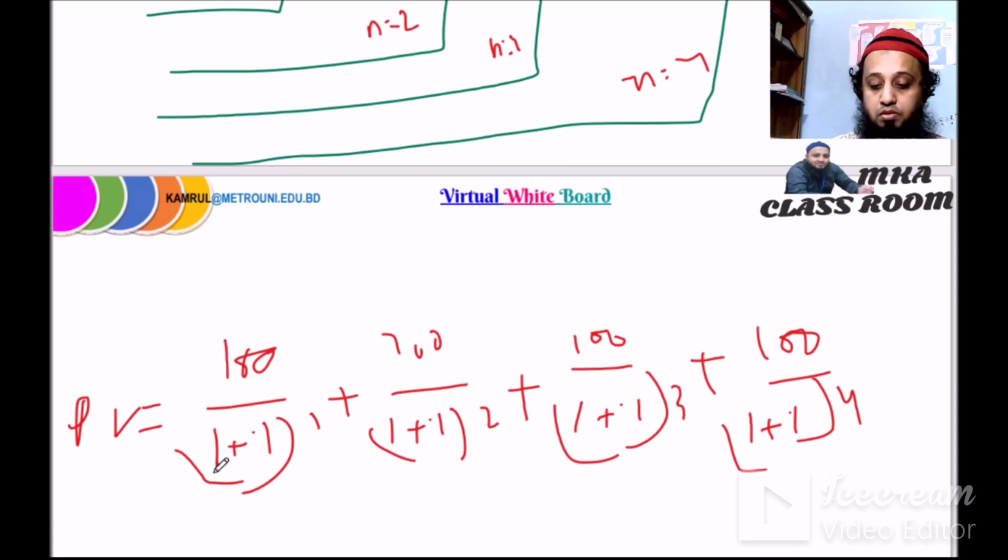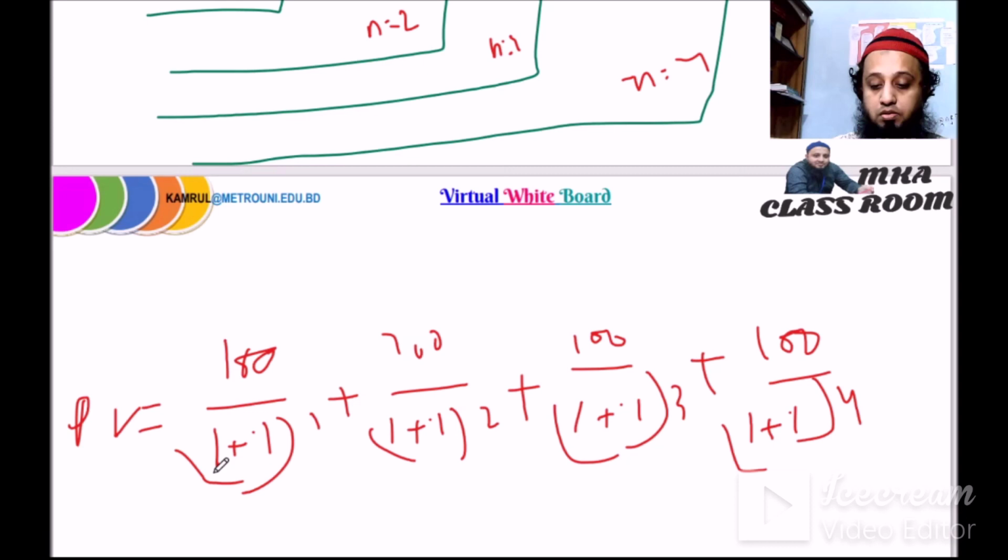Again the same result, 316.98. So, the result will be the same if you do it by the timeline method or by the formula method. You can use any one of these, whichever benefits you.